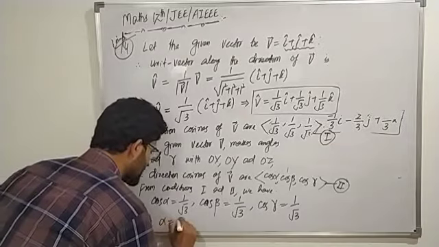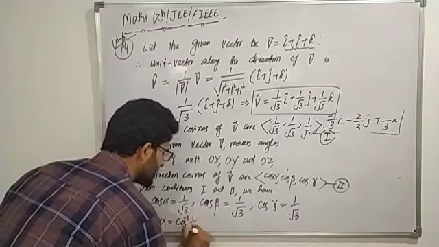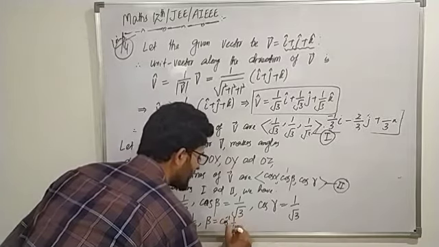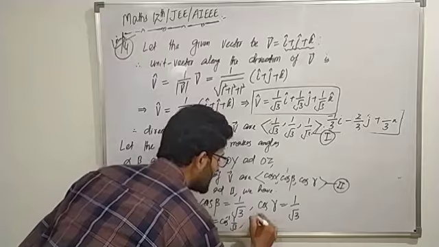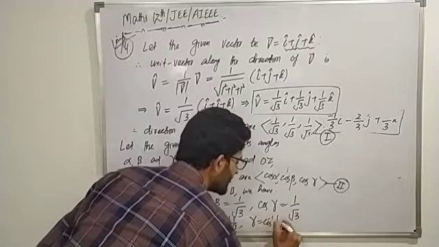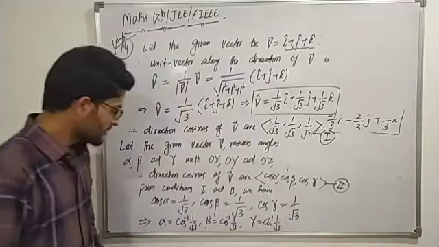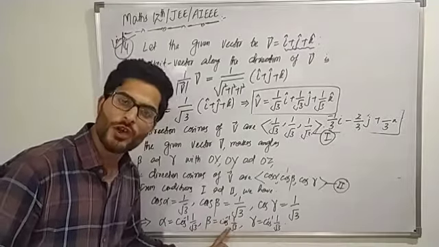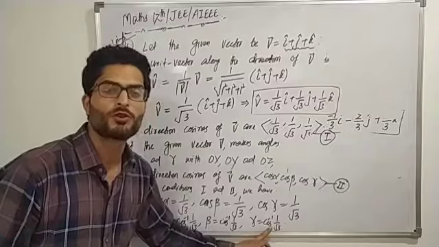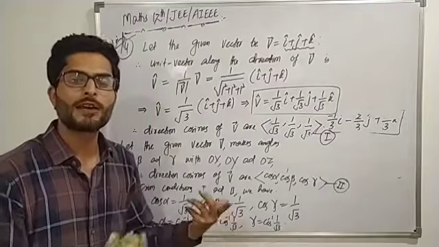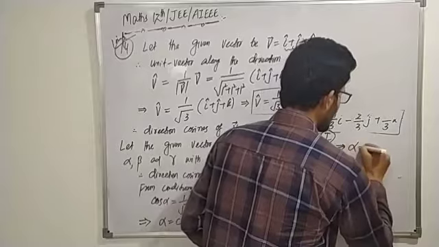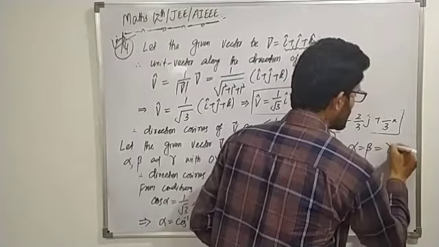So alpha must be equal to cos inverse of 1 by square root 3, beta must be equal to cos inverse of 1 by square root 3 and gamma must be equal to cos inverse of 1 by square root 3. So alpha भी cos inverse 1 by square root 3 है, beta भी cos inverse 1 by square root 3 है, gamma भी cos inverse 1 by square root 3 है. Means alpha is equal to beta is equal to gamma.